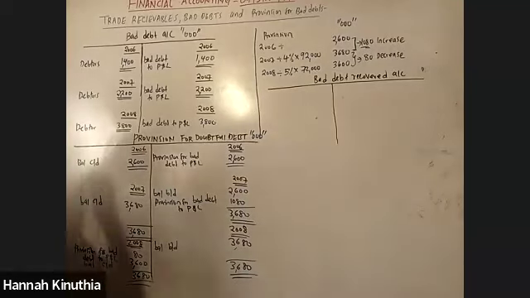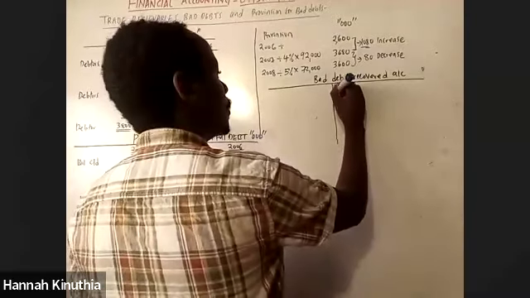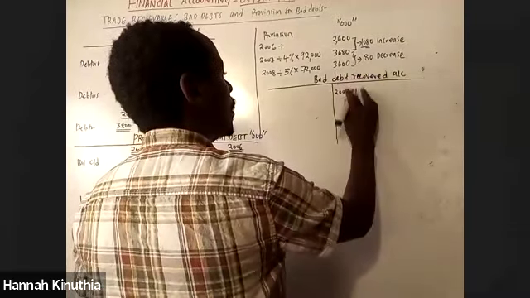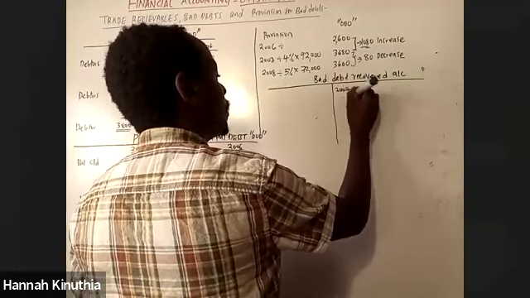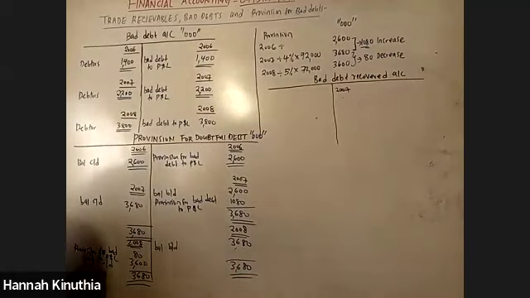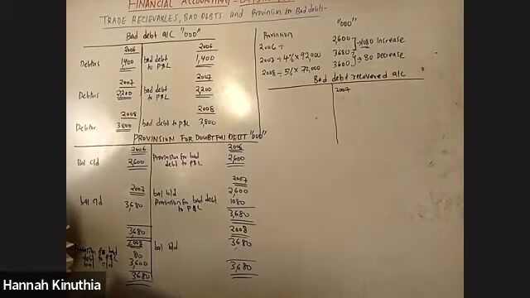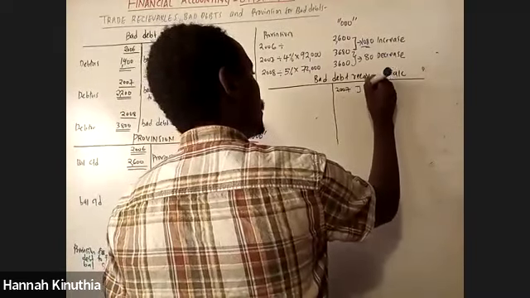So 210 was recovered. It was 7. There was a bad debt recovered. So alikuwa anajiita huu J Sweeney. So J Sweeney paid.